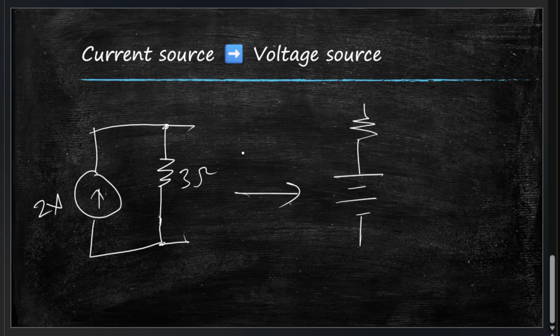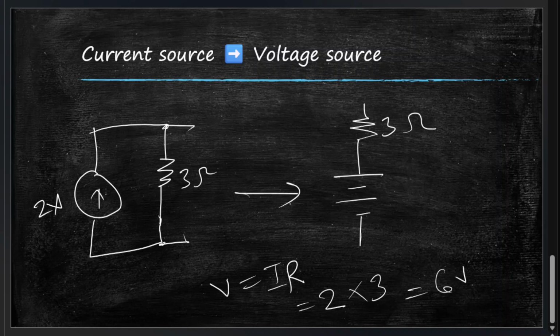Now step 2, putting the value of the resistor same as before, so 3 ohms. Step 3 is we calculate the value of this voltage source. Again, by Ohm's law, I is equal to V over R. We rearrange that to V is equal to IR. For I, we have 2 amperes times R 3 ohms, so we have 6 volts.